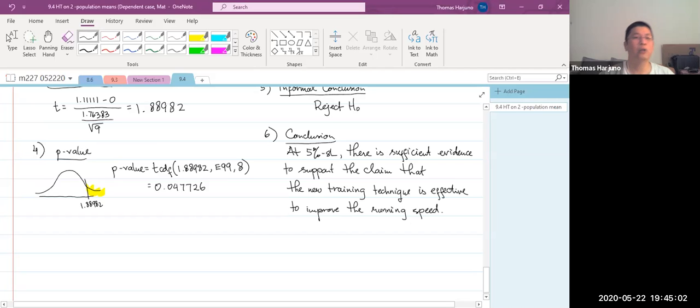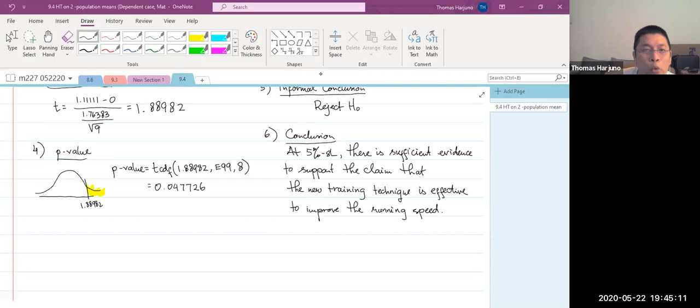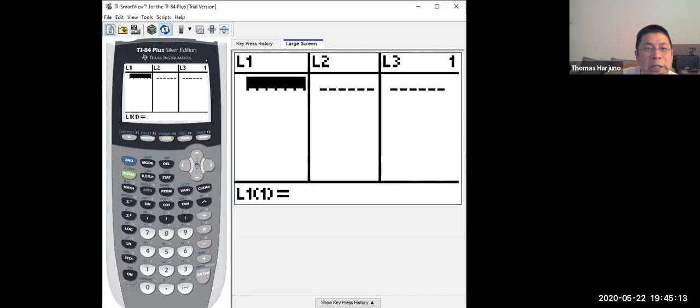Now, I would like to use our calculator. Let's go to our calculator. Let's see, how do we use our calculator for this? I need you to help me though. Can anybody help me reading the data, the differences that I have earlier?